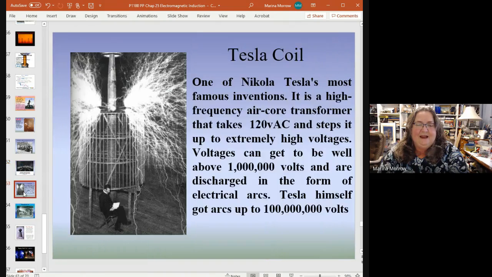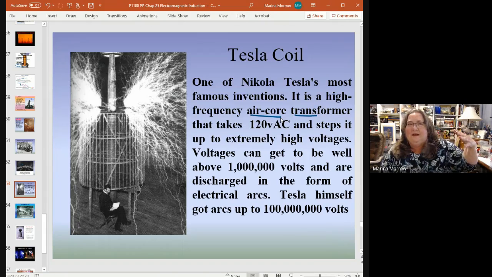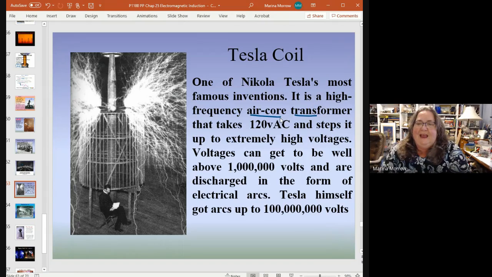So Tesla produced what's called the Tesla coil, which is a transformer with an air core instead of a metal core. And it can take 120 volts and get up to like 1,000,000 volts. And Tesla would get up to 100 million volts. So you can see these huge arcs here.